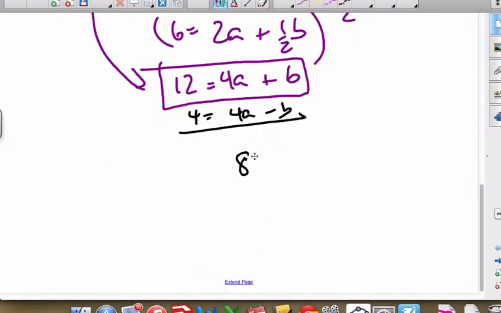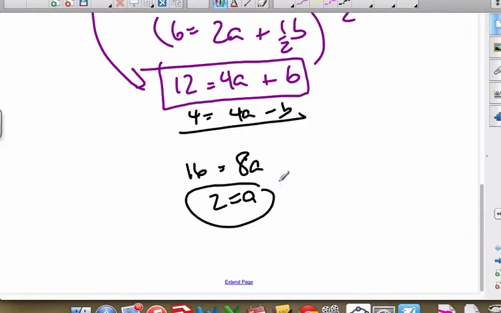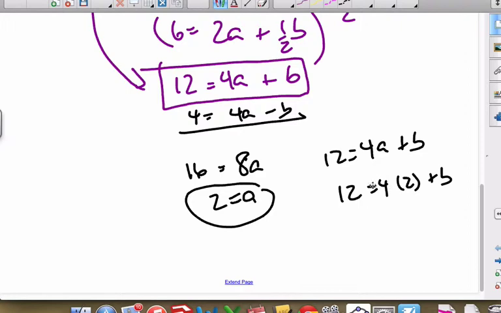Those cancel and I get 8a is equal to 16, and so a is 2. Take that, plug it in. 12 is equal to 4a plus b. I know 12 is equal to 4 times 2 plus b. 12 minus 8 is 4, so b is 4. And so a is 2 and b is 4.